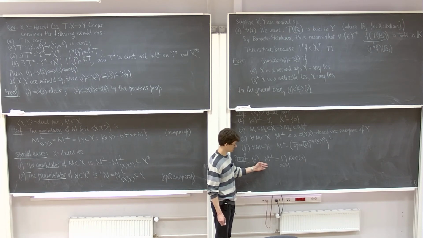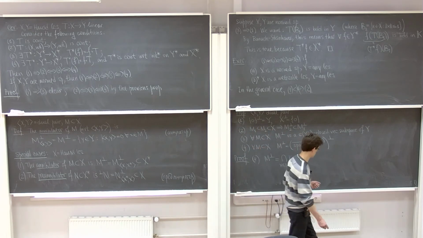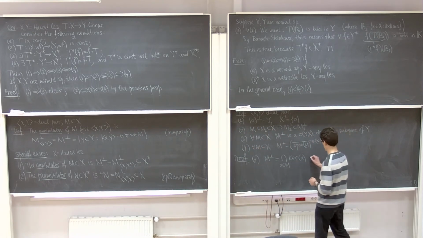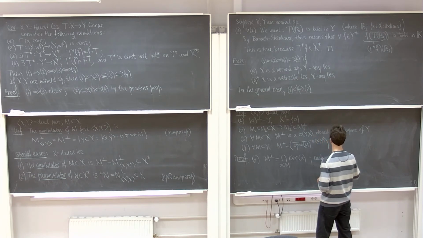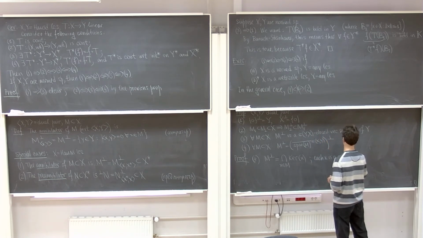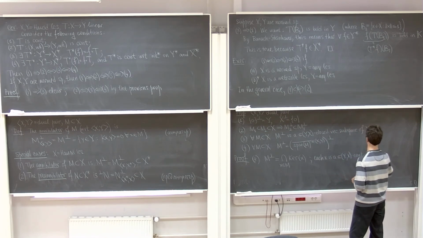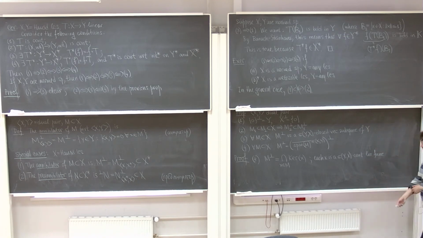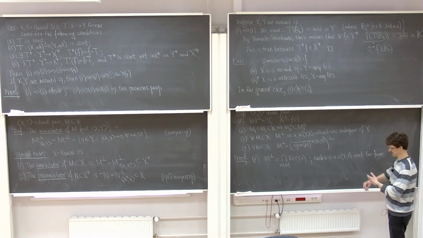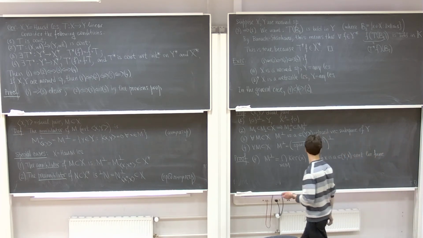But we already know that each element in X is a continuous linear functional on Y. Each X is a continuous with respect to the weak topology, linear functional. And of course, the kernel of a continuous linear functional is a closed vector subspace. And the intersection of any family of closed vector subspaces is a closed vector subspace.